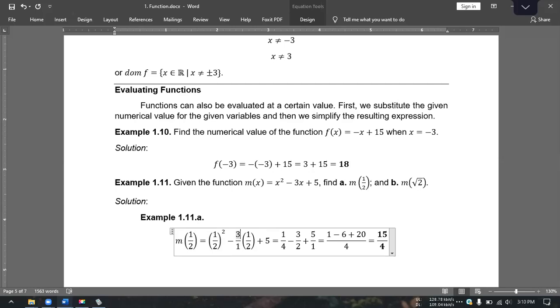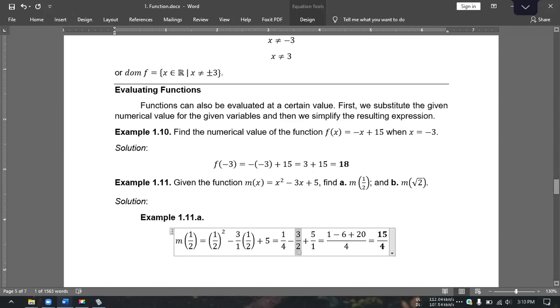So multiplying fraction to fraction is direct lang siya. Numerator to numerator over denominator to denominator. So in our case, 3 times 1 is 3. And 1 times 2 is 2.